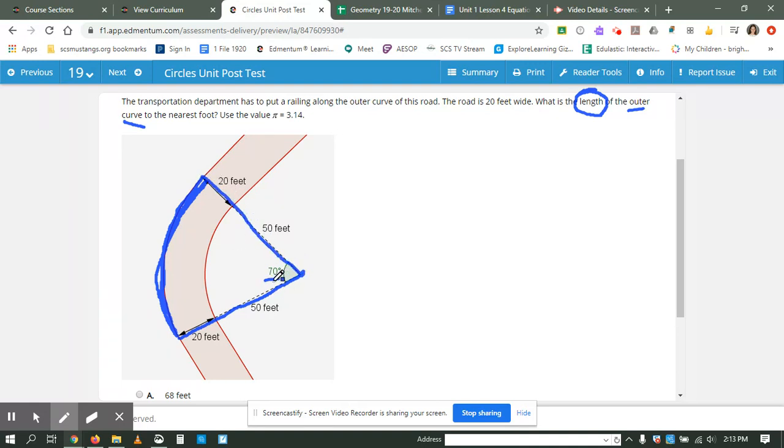So we're looking at 70 degrees, and then the whole radius is going to be 70. So from there, you need to use your arc length formula. We've got 70 over 360 times 2 pi r, and that will give you that length right there.